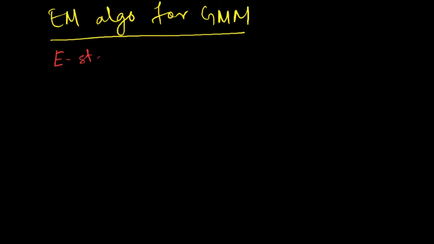So we have the expectation maximization algorithm for the Gaussian mixture model. What do we have over here? Firstly, as you know, the expectation maximization algorithm consists of two steps. One is called the E step or the expectation step, and secondly is the M step, which is the maximization step. In the E step, you use some value for phi I, mu I and sigma I, which I will tell you how to initialize.